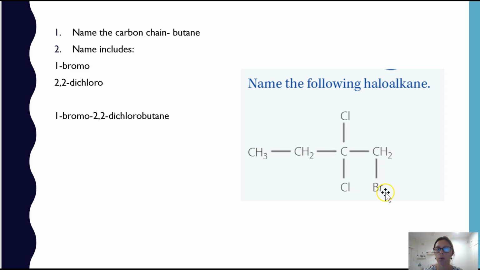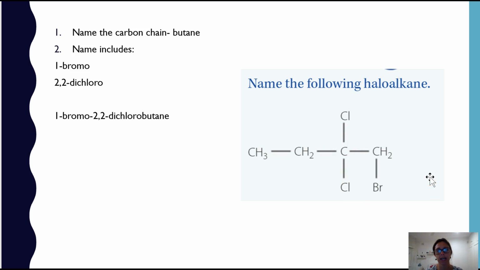But we do have 1 bromine here, and 2 chlorines here. So bromo, drop the ine and put the O. We've got bromo attached to our carbon number 1. Here we've got 2 chlorines, so it's going to be dichloro, and it's attached to number 2. But there's 2 of them, so it's 2,2 for that one.